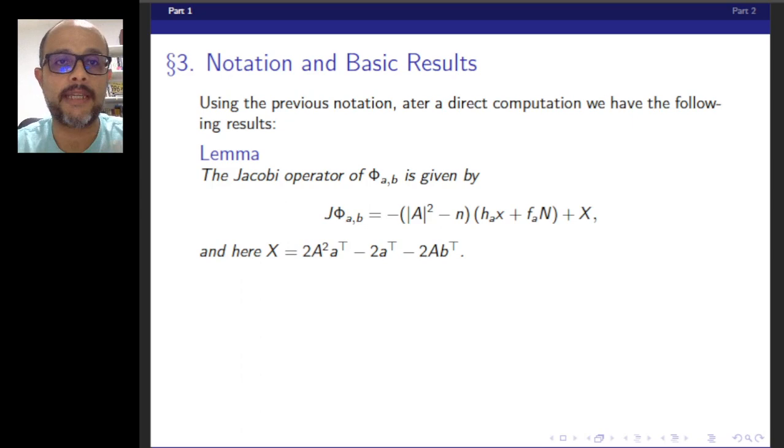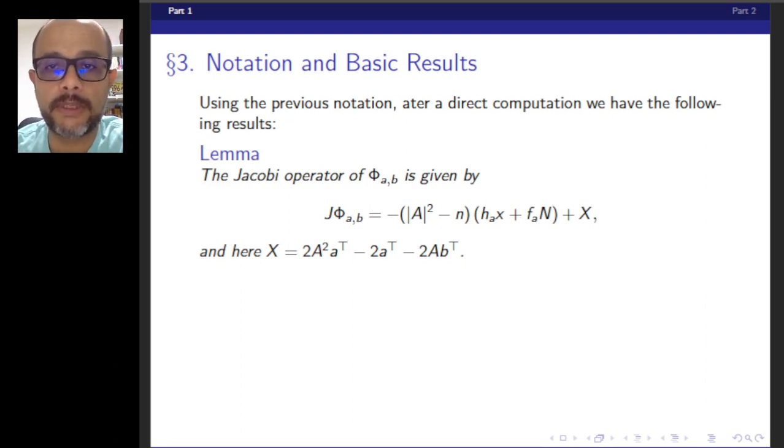And you can write everything in vectorial form because it's simpler that way. And for this vector field phi, you have J of phi equal to this nice expression. This nice expression will be very useful later.